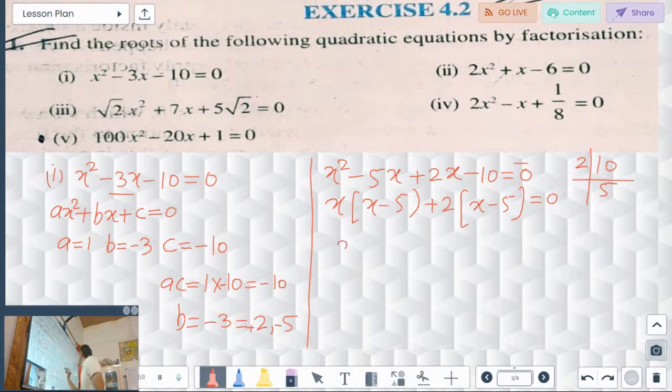Now x minus 5 into x plus 2 equal to 0. There are two factors.